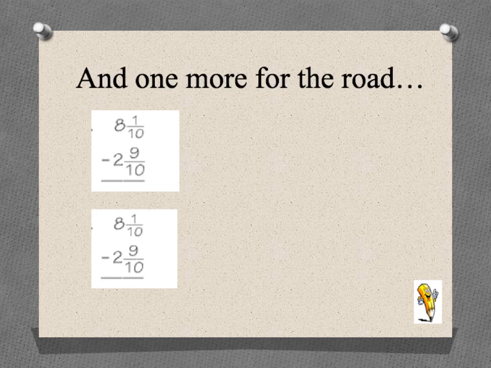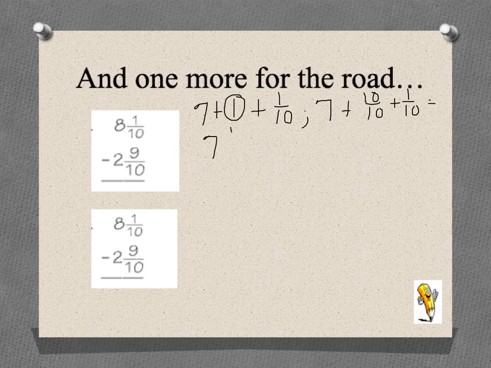Okay, one way you can do this is by thinking of that 8 as 7 plus 1 plus 1/10. And I'm going to go ahead and change this 1 into 7 plus 10/10 plus 1/10, or 7 11/10.